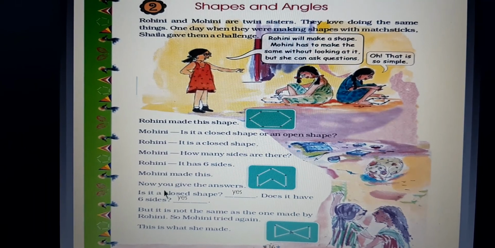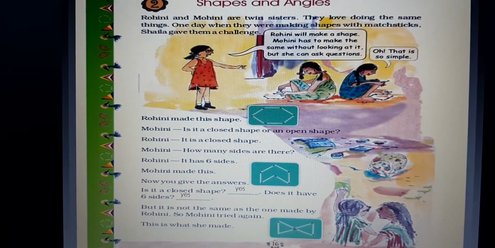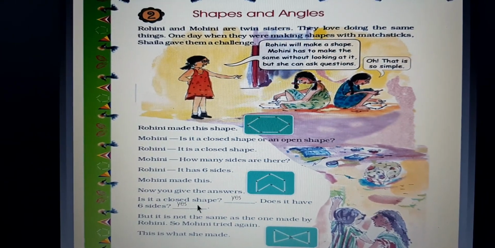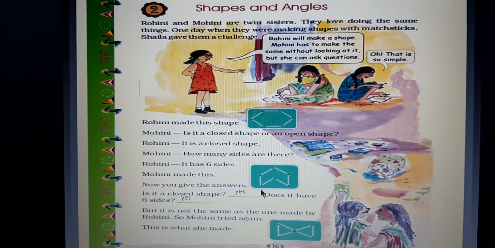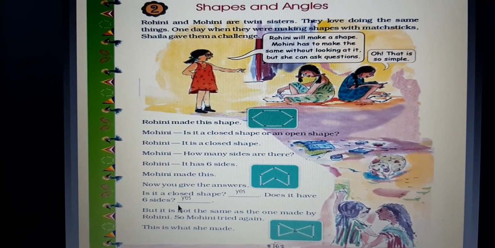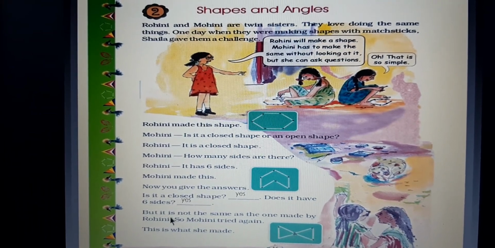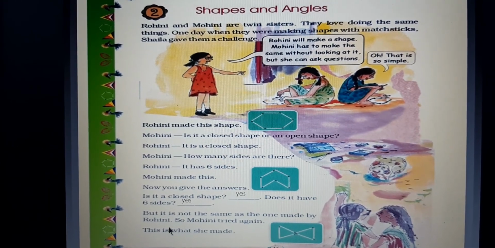Now they are checking that. Shaila is observing and checking. Is it a closed shape? Yes. They are also verifying themselves. Does it have six sides? Yes. You have to write these blanks in your textbooks. But it is not the same as the one made by Rohini.